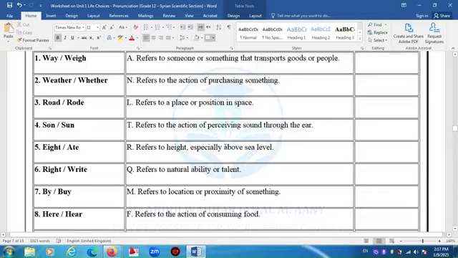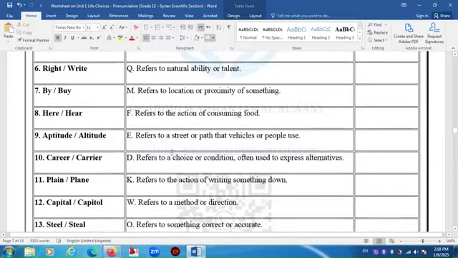Refers to the height, especially above sea level. Refers to natural ability or talent. Refers to location or proximity of something. Refers to the action of consuming food. Refers to a street or path that vehicles or people use.